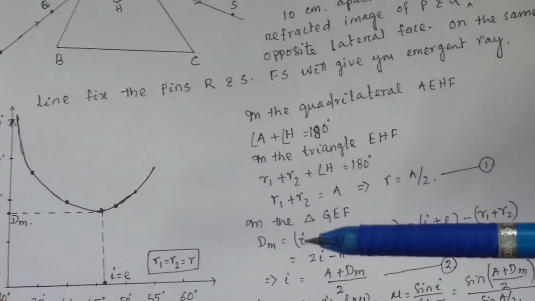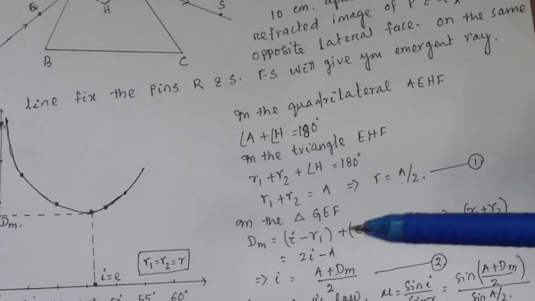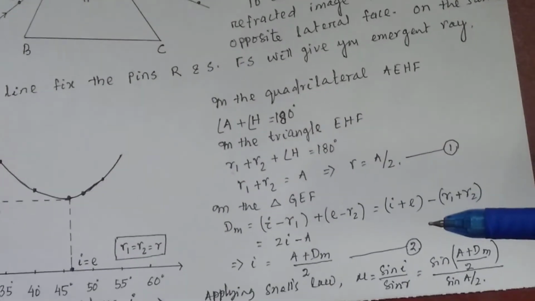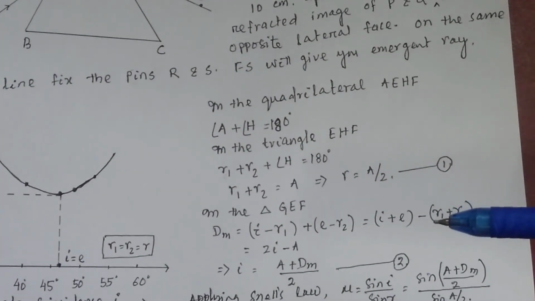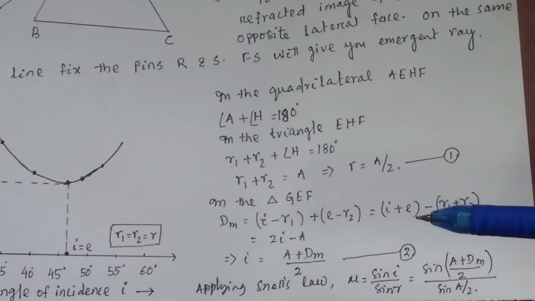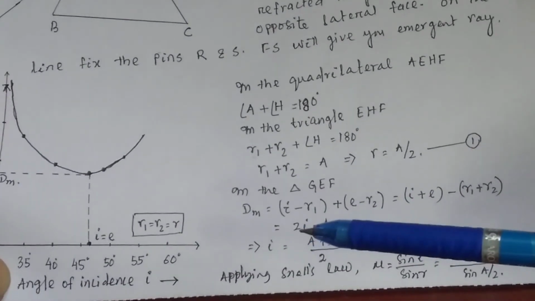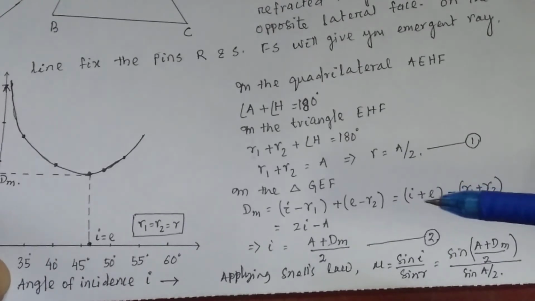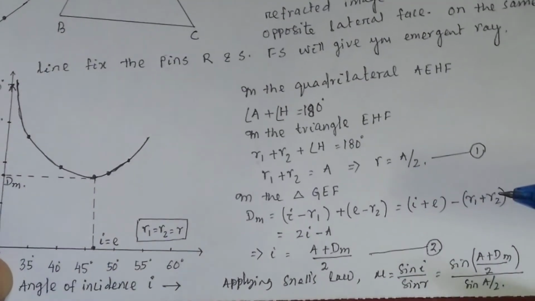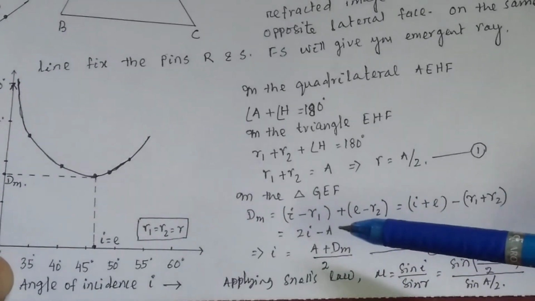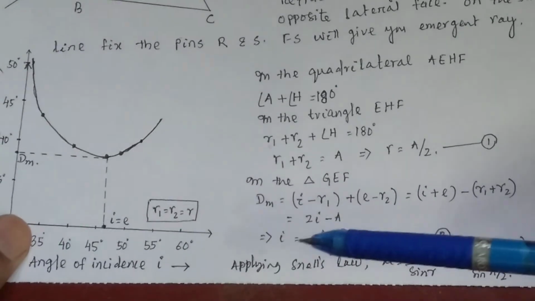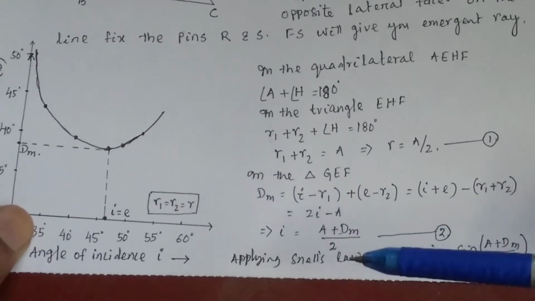So Dm will be equal to I minus r1 plus E minus r2, that will be equal to I plus E minus r1 plus r2. And since at Dm I equals E, instead of E you may write I, so 2i minus r1 plus r2, that is equal to A. So 2i minus A, so I will be equal to A plus Dm by 2.